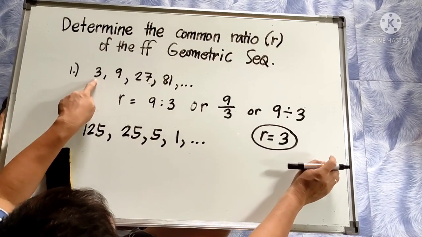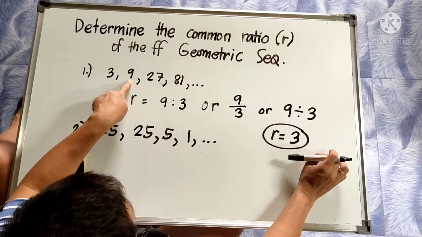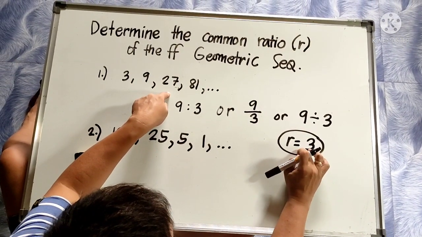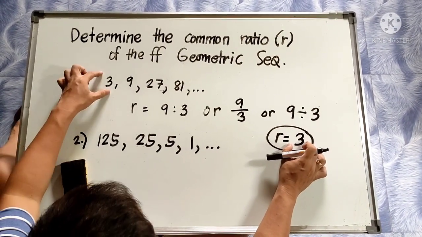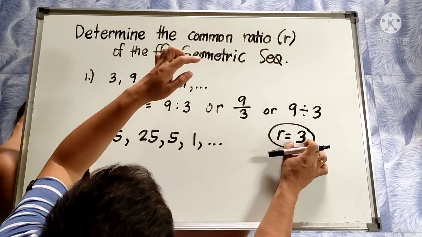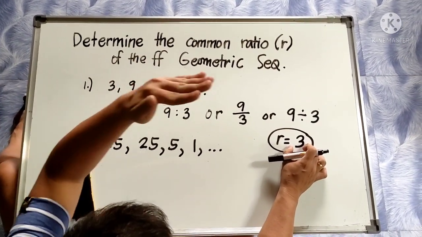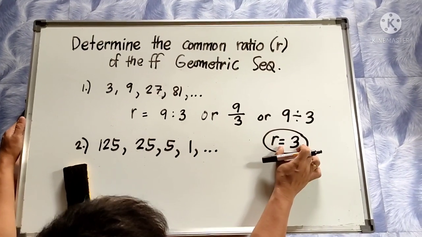So 9 divided by 3 is 3. 27 divided by 9 is 3. 81 divided by 27 is 3. The common ratio is a whole number if the numbers are increasing. So 3 becomes 9, becomes 27, becomes 81. The trend is increasing. It is expected that the common ratio is a whole number.